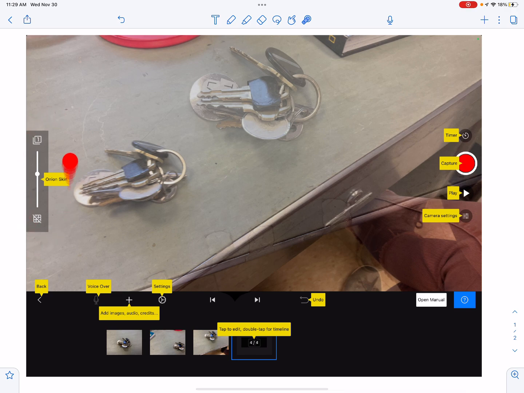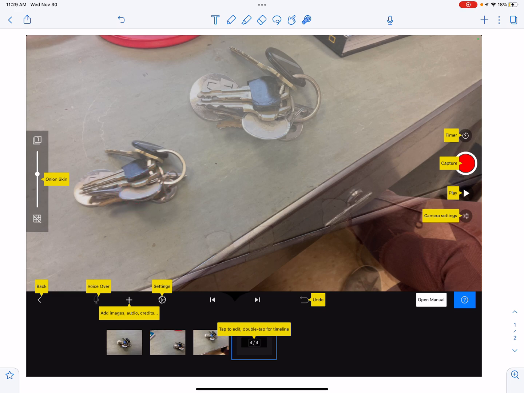But specifically, I want to draw your attention to the onion skin. This is like a halo image. So this image that you're actually seeing here, these keys are not on the desk. This is just an after image of a previous picture that I had taken right here that's showing up. But this is in reality where the keys are on the desk right now.